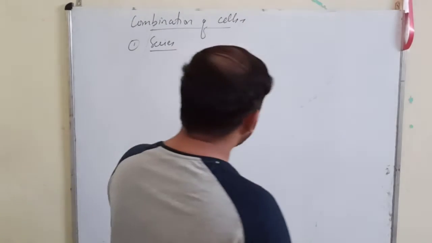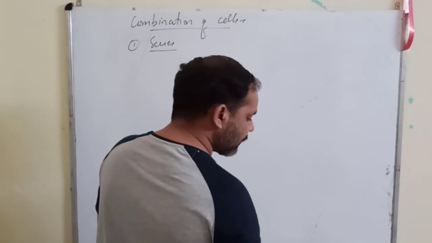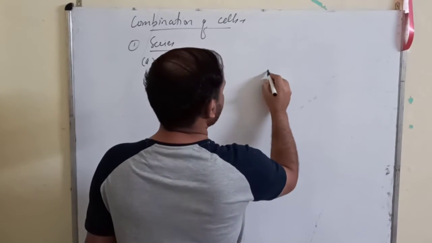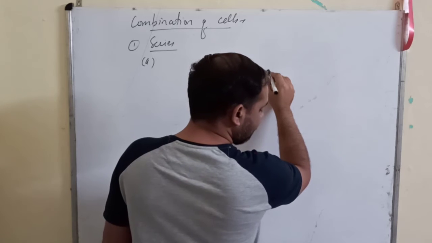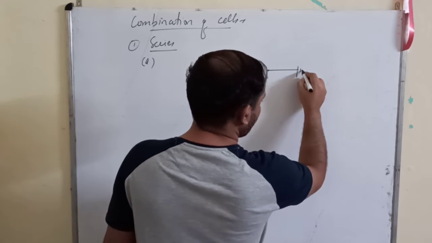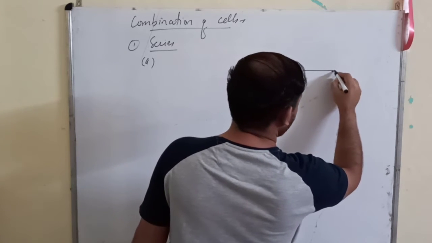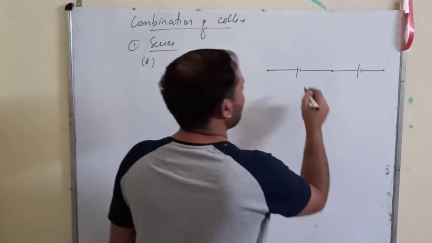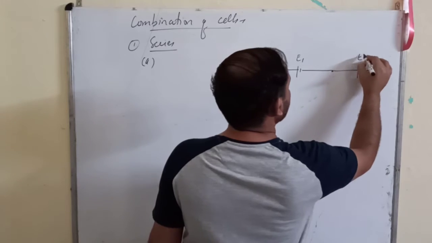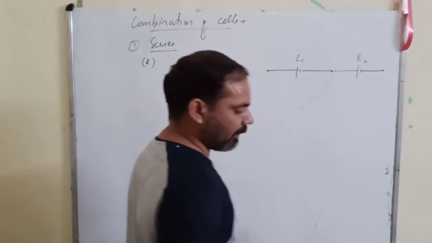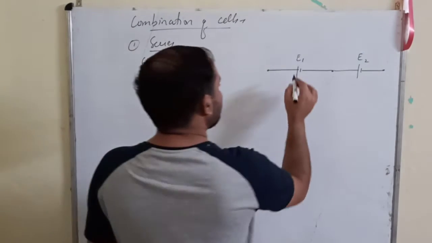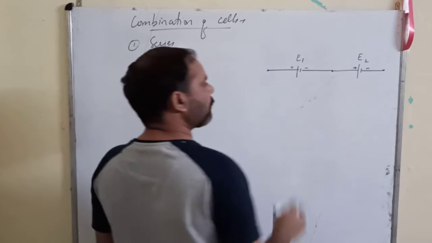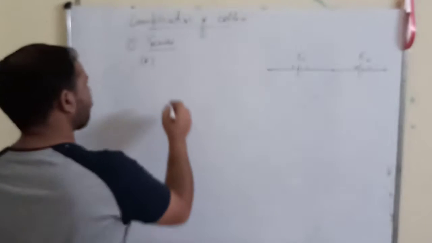Okay, first of all, series combination. In this we will consider two cases. First, you have a cell here. This is E1, this is E2. You have two cells connected in such a way that the positive of one cell is connected to the negative of the other cell.